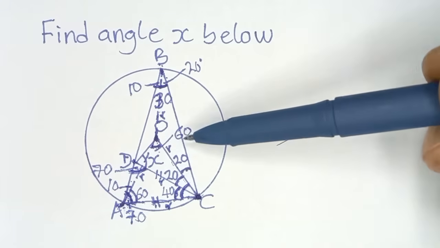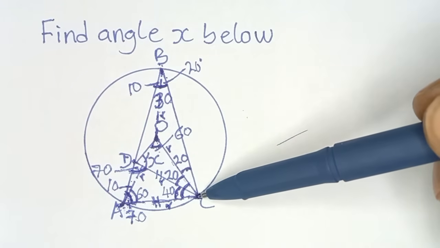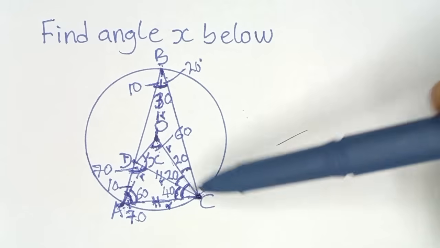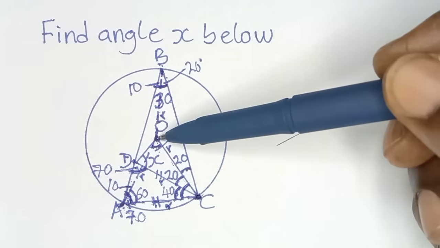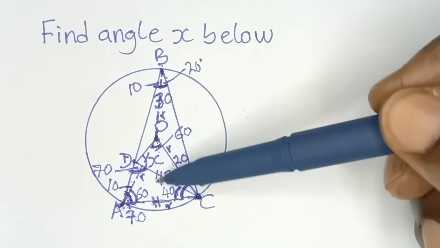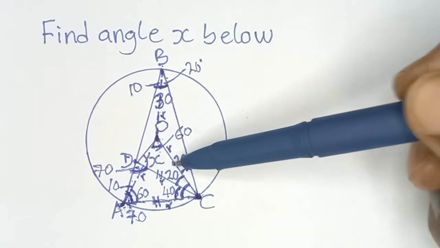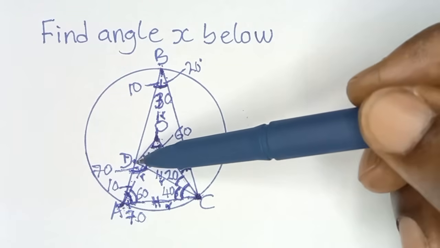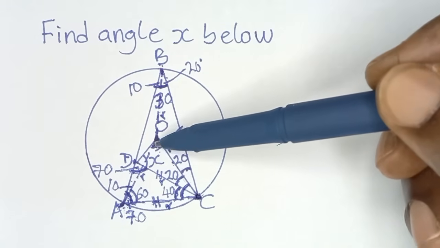So meaning that triangle DOC is also an isosceles triangle, because this DC line is a radius, just like this OC line is also a radius. So these two lines are equal, telling us that triangle DOC is an isosceles triangle.